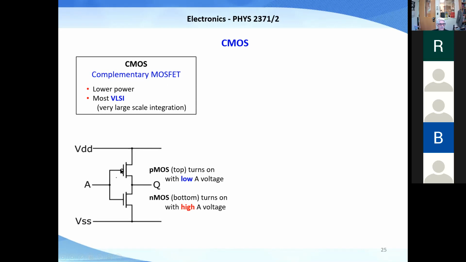When they put this little circle here, it means P-type. Without the circle, it's N-type. So if a positive voltage here were to turn this one on, then a negative voltage here would turn this one on. So whatever voltage you have here, one of these is on and one of them is always off.